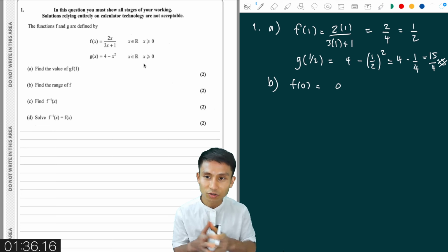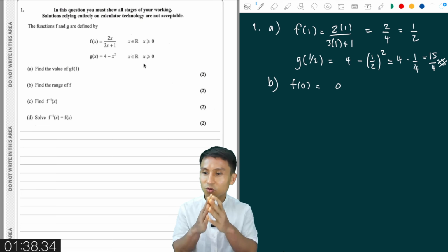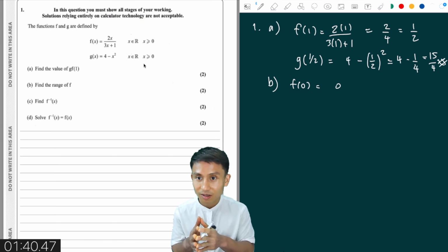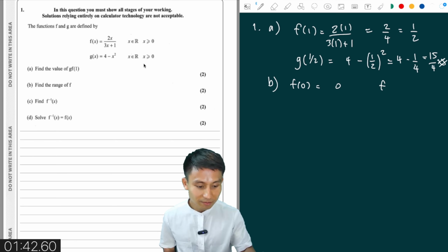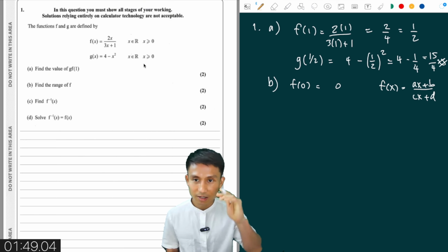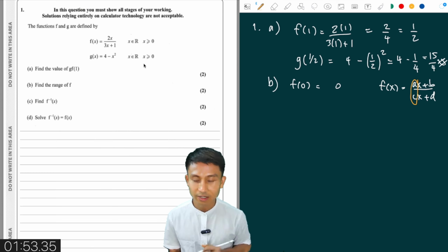The next bound you should get from the range is when you look at the nature of the function. For the rational linear function, the ones that look like this, the range is only approaching a over c.